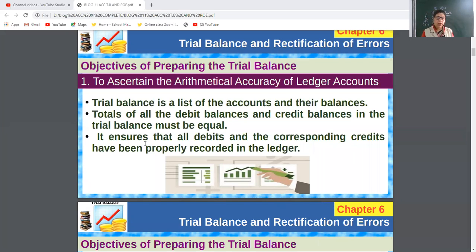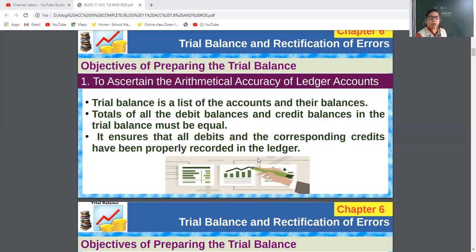Trial balance is the list of accounts and their balances. Total of debit balance must be equal to total of credit balance. It ensures that all debits and all credits have been properly recorded.